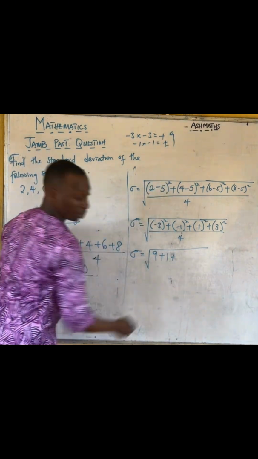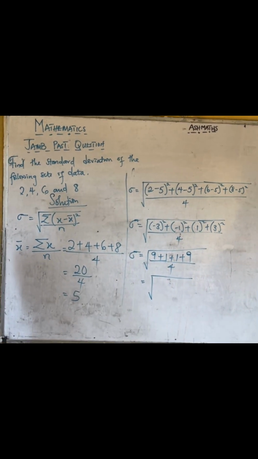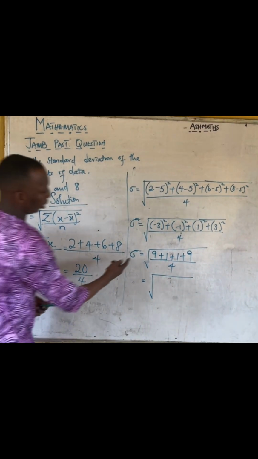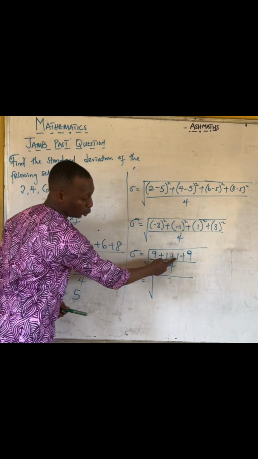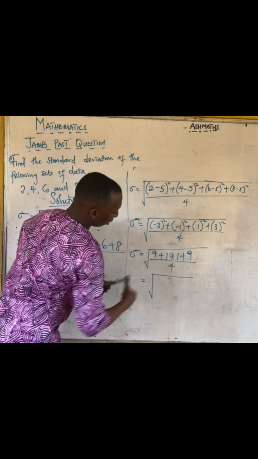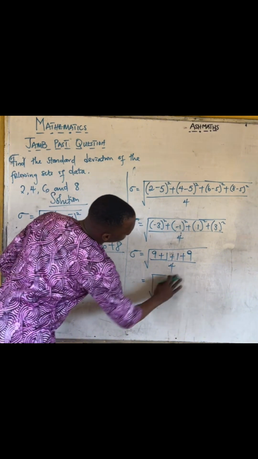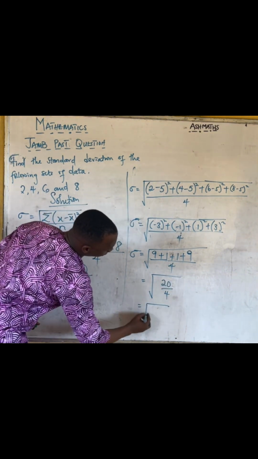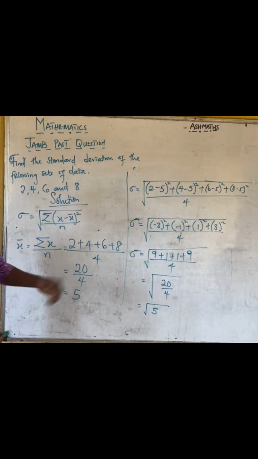Then plus 1 squared again. So 9 plus 1 is 10, 10 plus 1 is 11, 11 plus 9 is 20, over 4. And 20 over 4 is 5. 20 divided by 4 is 5.